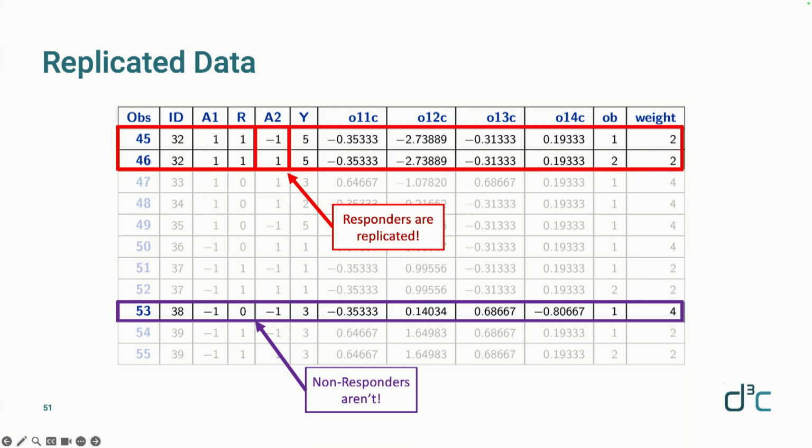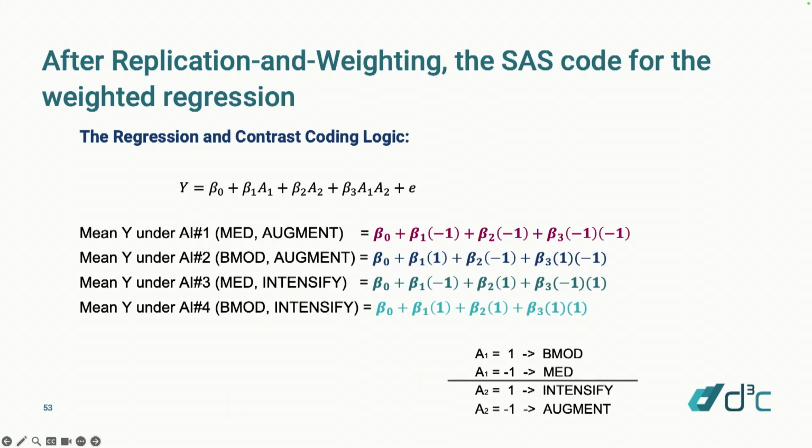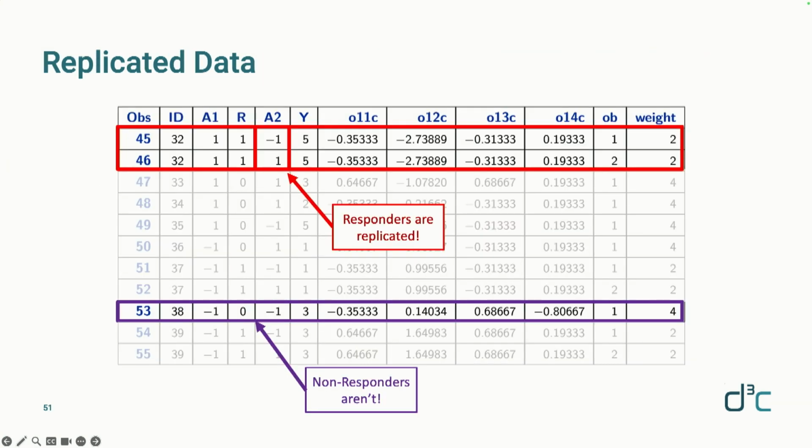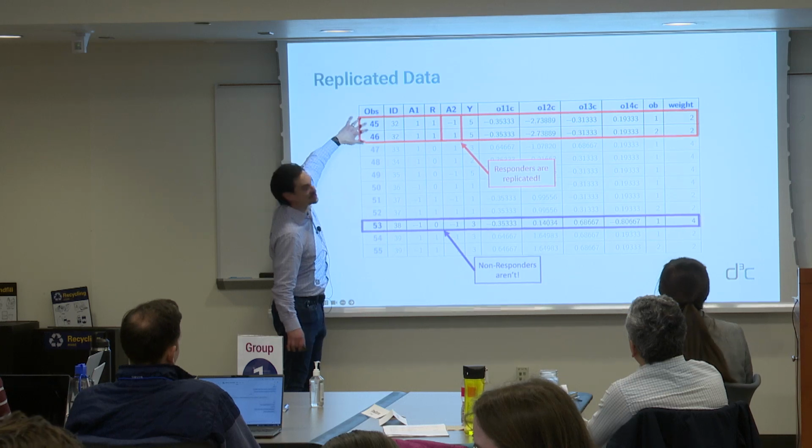So these guys in red are responders. This guy 53 is a non-responder, right? And there's the weights, right? When I did the replicating, well, where is it? Wait a minute, something went wrong here, you guys. Oh yeah, there it is. This is Luis and this is Luis. I looked at this and I shouldn't have.